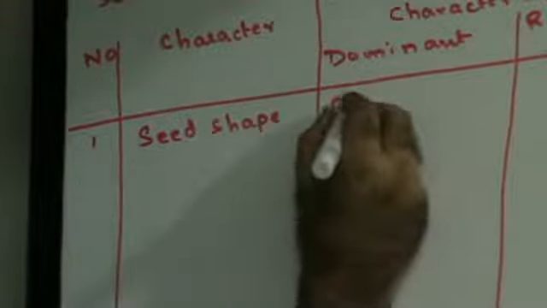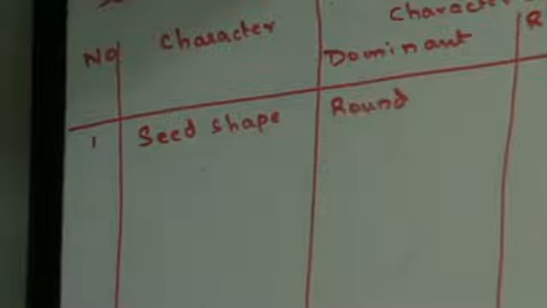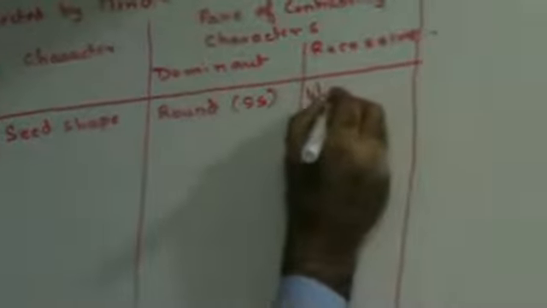One was the seed shape. Seed shape could be round, that is my phenotype, and the genotype for this was represented as SS, or wrinkled, which was represented as small ss.